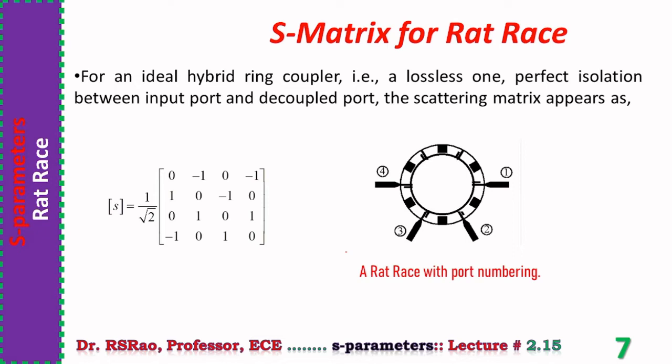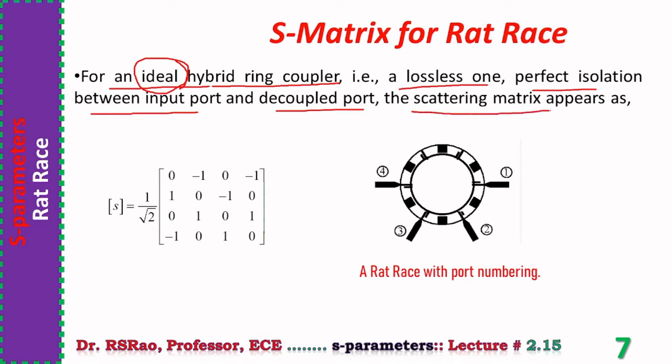Next circuit or device we consider in the present session for modeling with S parameters is rat race circuit or rat race coupler. For an ideal hybrid ring coupler, that is rat race circuit, as it is ideal, it must be a lossless one with perfect isolation between input port and decoupled port. These are implications of idealness in the rat race circuit.